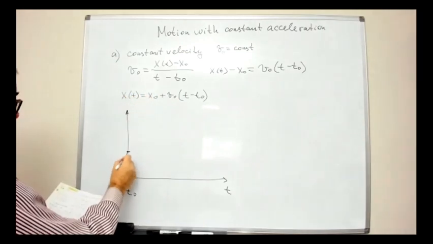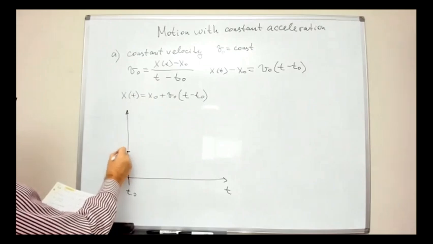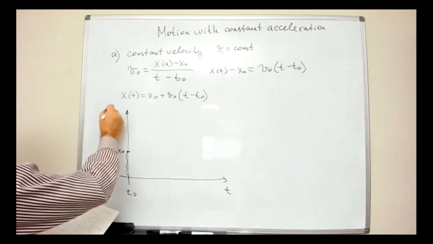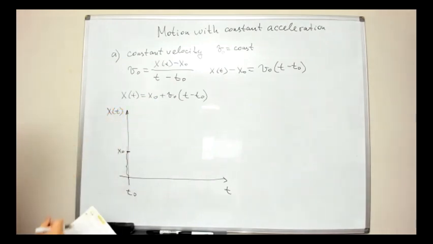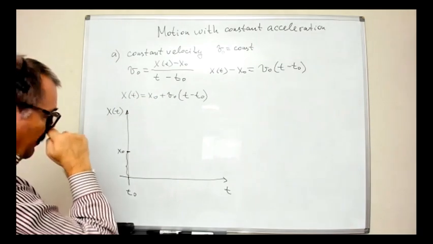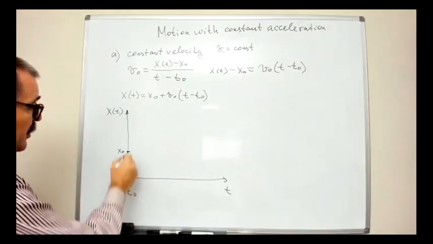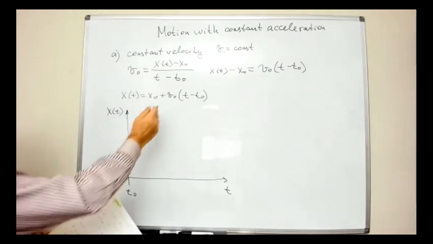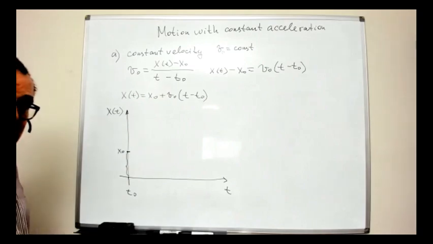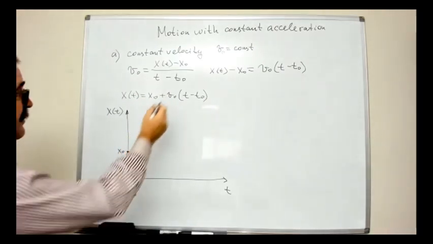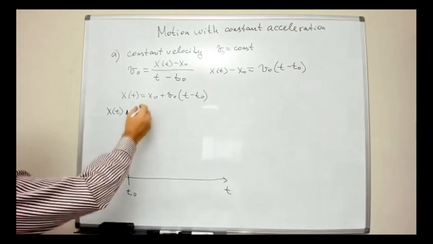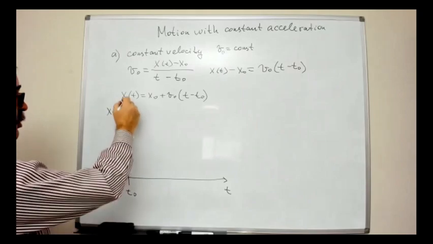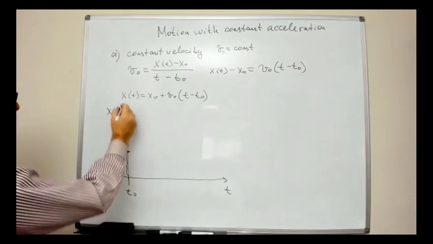I will represent it on the vertical axis, so the vertical axis represents position at time t. So at t0, we have this position x0, right? And then let's assume that v0 is positive. If it's positive and our x0 is also positive, we should expect that the position of the object will increase. So it will go up here.